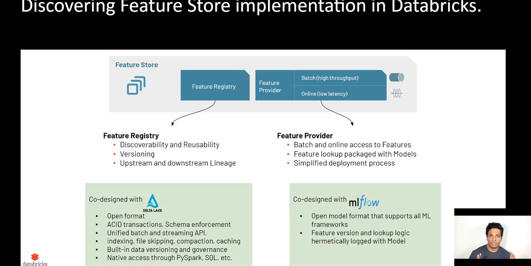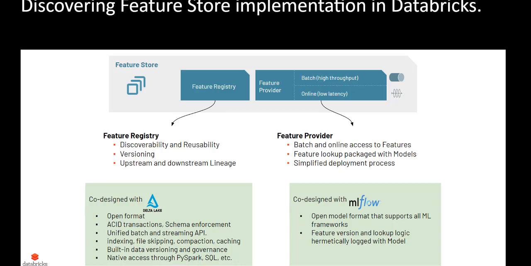It has a lot of useful features and optimizations: it unifies the batch and stream processing APIs, and has indexing, file skipping, compaction, and caching built in. It also provides versioning and governance and native access through PySpark and SQL. There are many more features associated with Delta Lake. I can provide the link at the end of this presentation that you can go and learn more about.